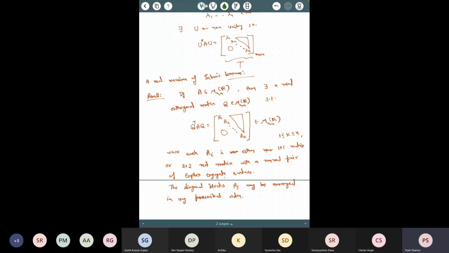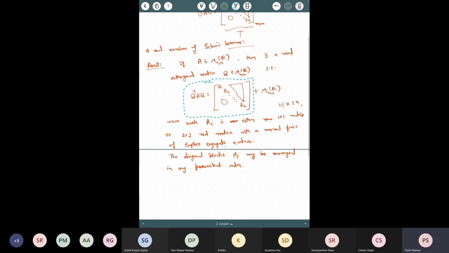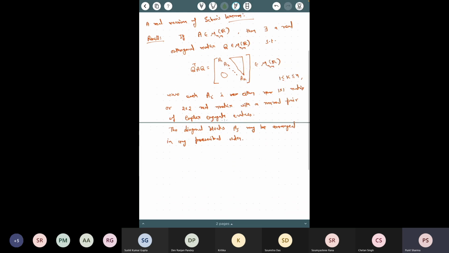So what best you can say is that you can find a real orthogonal matrix Q such that Q transpose AQ is block upper triangular, where the diagonal blocks are either 1 by 1 or of size 2 by 2, where the 2 by 2 blocks correspond to a non-real pair of complex conjugate eigenvalues.